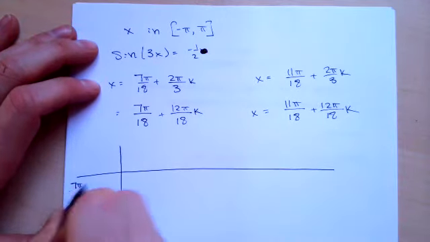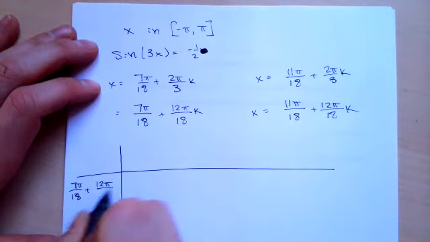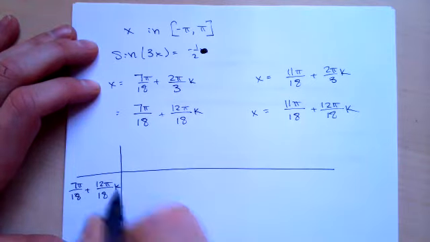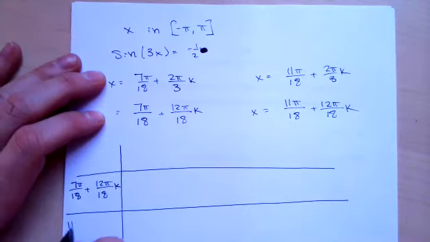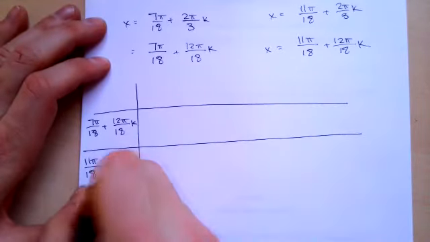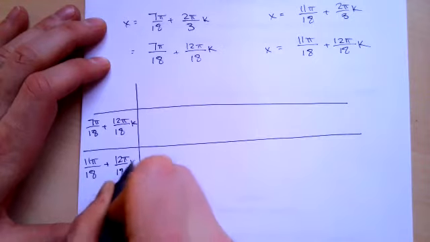Let's do 7 pi over 18 plus 12 pi over 18 times k, and 11 pi over 18 plus 12 pi over 18 times k.